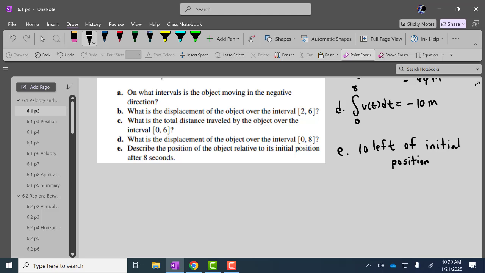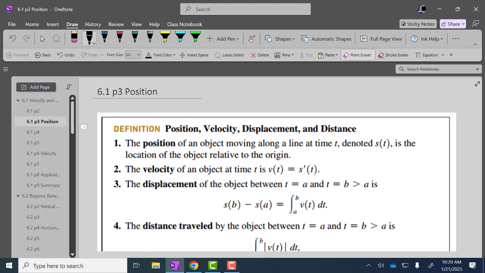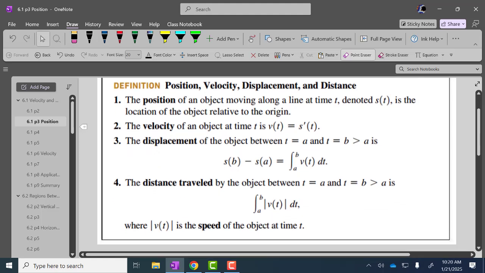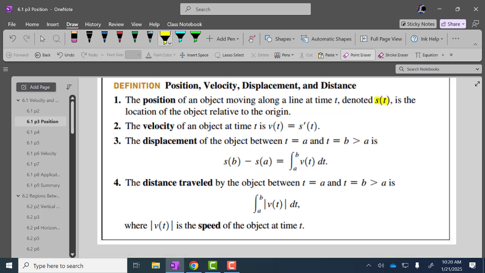Any issues with the global ideas with these concepts? So this kind of summarizes what we've been talking about. S is the position function. It's giving us the position of our object at time t. The velocity of that object is nothing more than the rate at which the position is changing, the rate of change of position, so s prime.